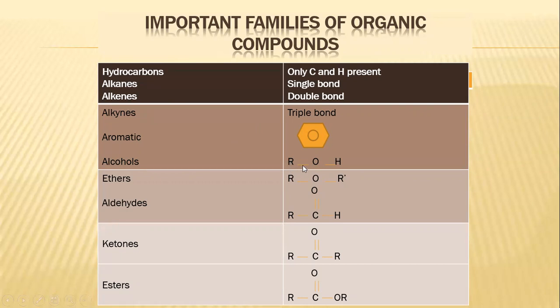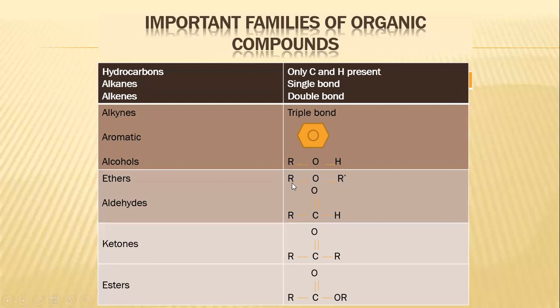Now, if ROH is there, here the functional group is OH. Then these are called hydroxy compounds. Under hydroxy compounds, if R is aliphatic, then that is alcohol. If R is aromatic, then we call it phenols.